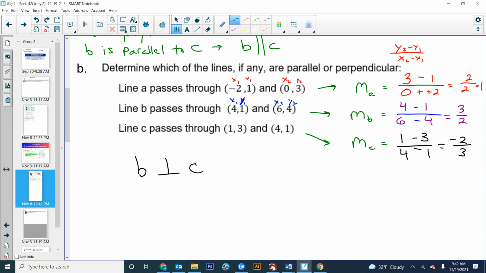It's the same thing, flip, and it's one negative, so what do we call that? Reciprocal or opposite. Opposite reciprocal. Good. Opposite reciprocal slopes. You're going to hear that forever in your math career. Not so bad, right?